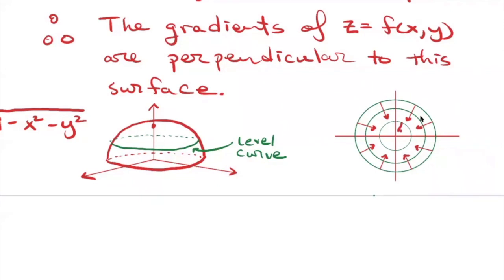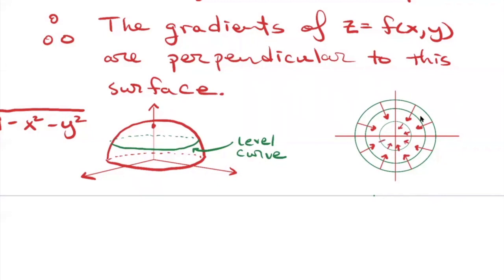So these get smaller because the slope is less steep. Remember, the magnitude of the gradient is the directional derivative.